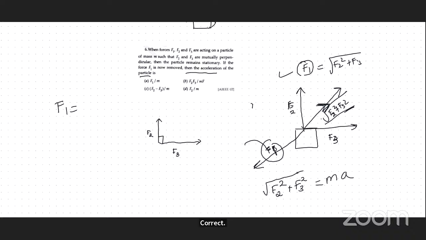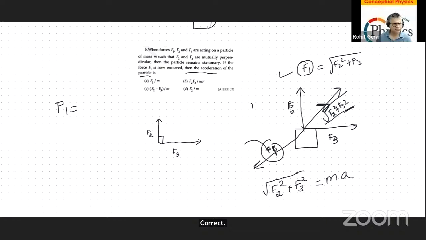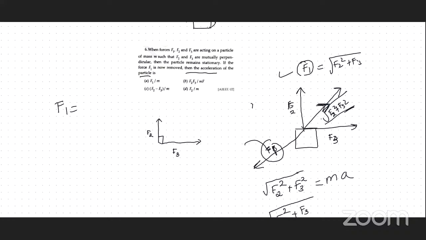So options में like अच्छी है. What is the answer? Answer क्या आ रहा है? ये आ रहा है. Okay, let's see.